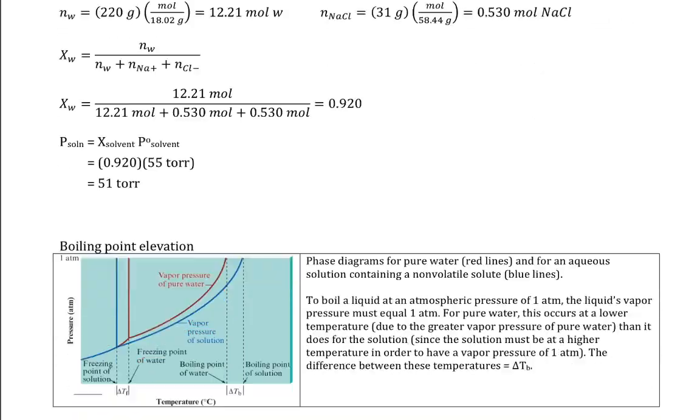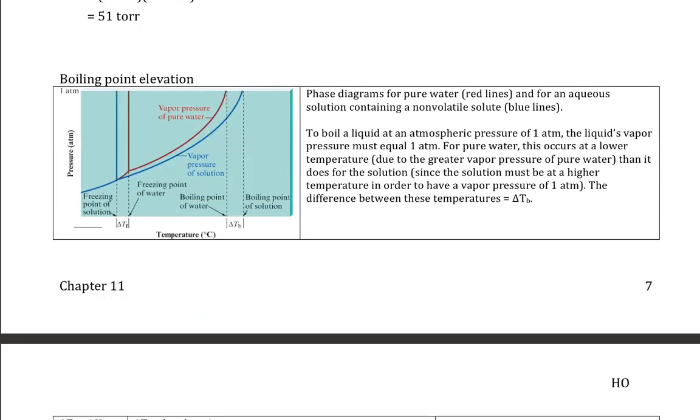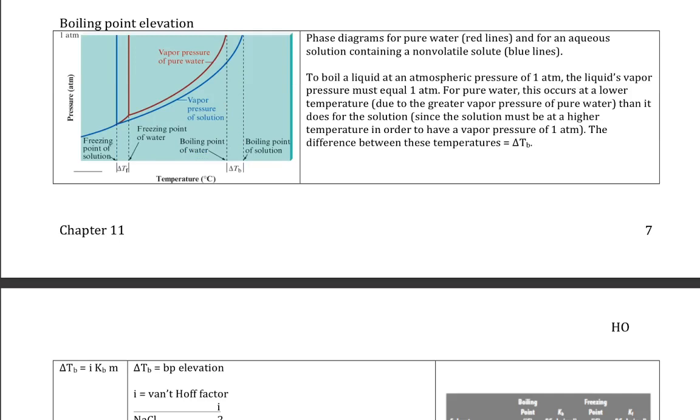The next property that we'll talk about that is affected by the presence of the non-volatile solute is boiling point elevation. So here's the phase diagram, which is pressure versus temperature for water. We have it for pure water, that's the red lines, and we have it for a mixture, an aqueous solution, that's the blue lines.